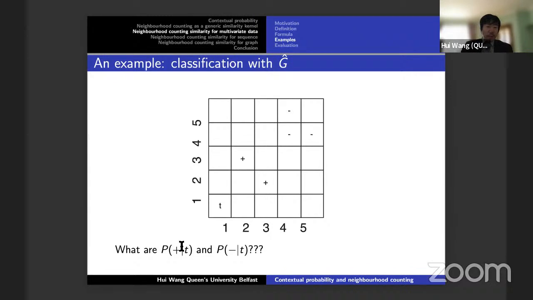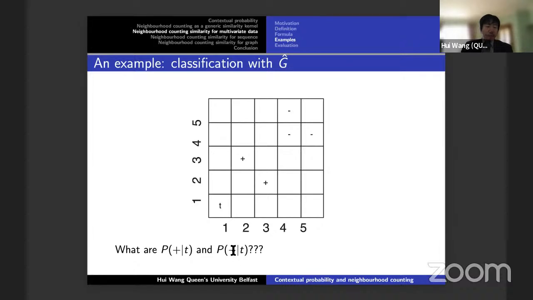So if we want to calculate this one, all we need to do is to calculate the C function for T and this, and T and this. Okay, and because this is conditional, that quantity should be normalized again.